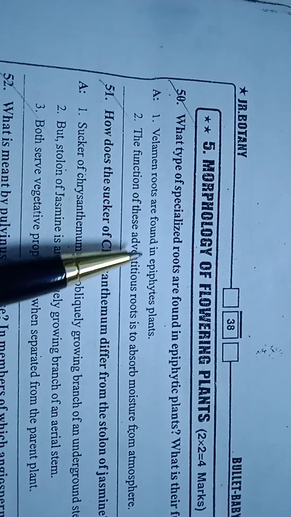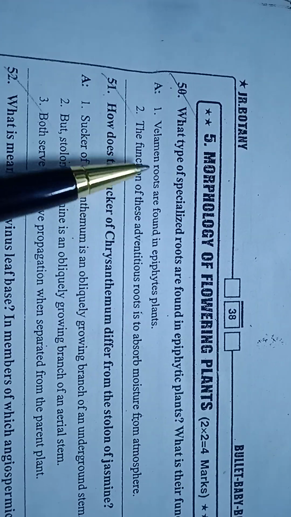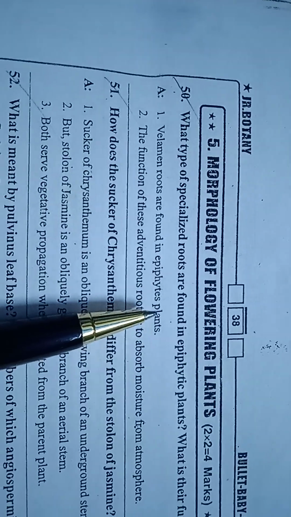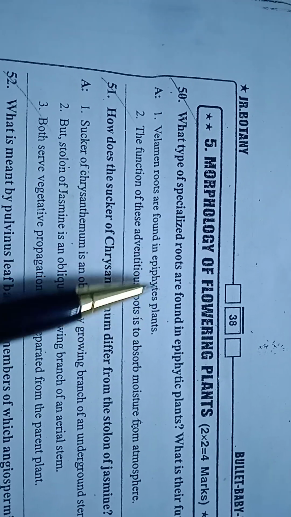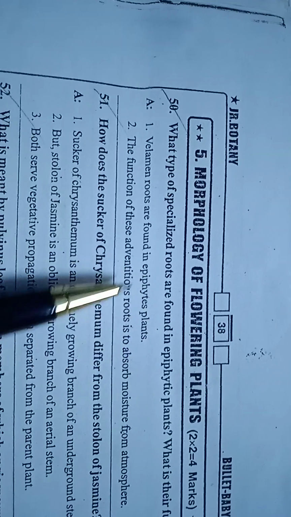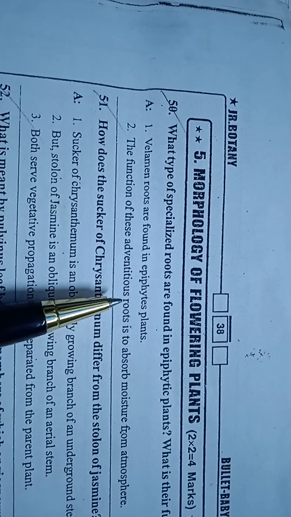Velamen roots are found in epiphytic plants, meaning these roots do not grow by themselves. They take the help of another plant to grow, and that plant is the epiphytic plant. It gets nutrients from rainwater, air and other sources.